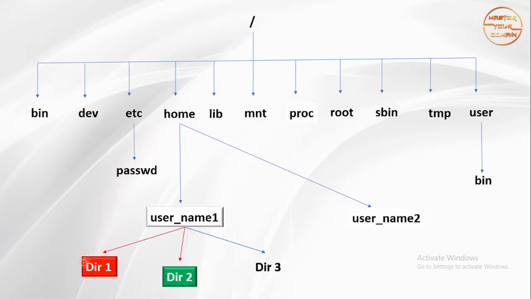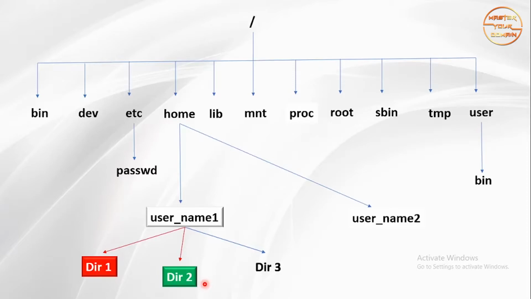Fine. Now suppose you are in dir1 and you want to go to dir2. How can you do that? Basically the command is cd, that's obvious, then a space, then you need to mention the path name of dir2. Now you are in dir1 and dir1 knows that dir2 exists, so you can just mention dir2, that means cd space dir2, and you can directly jump into this directory.